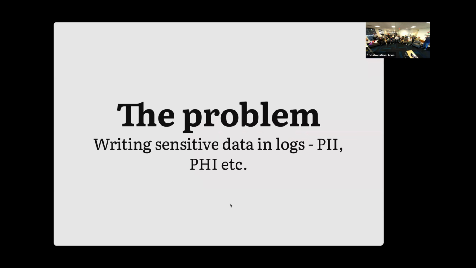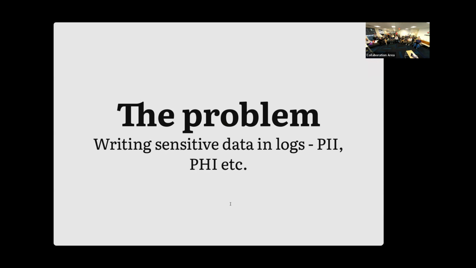So what's the problem? Our applications log a lot of data, and it's important for observability and debugging. What happens is that applications end up writing sensitive data to logs. For instance, we work in the healthcare domain where PHI and PI is of vital importance.